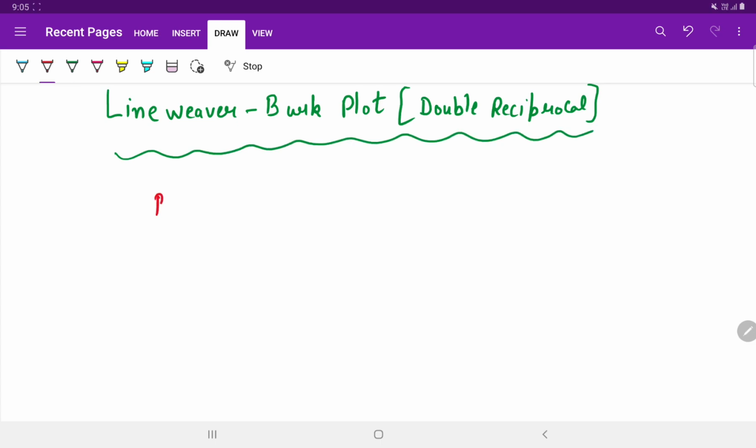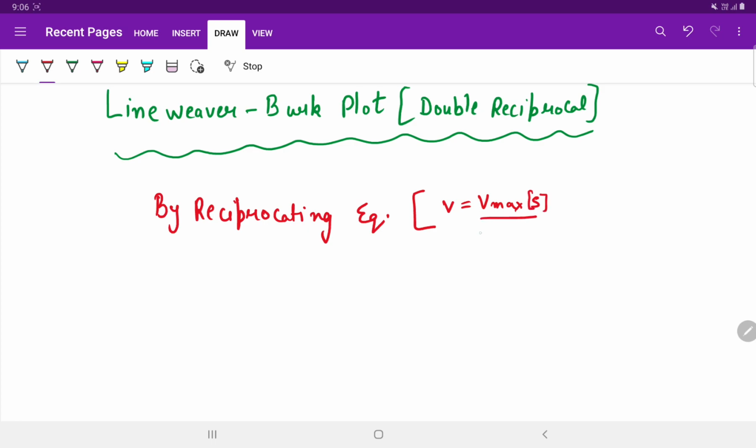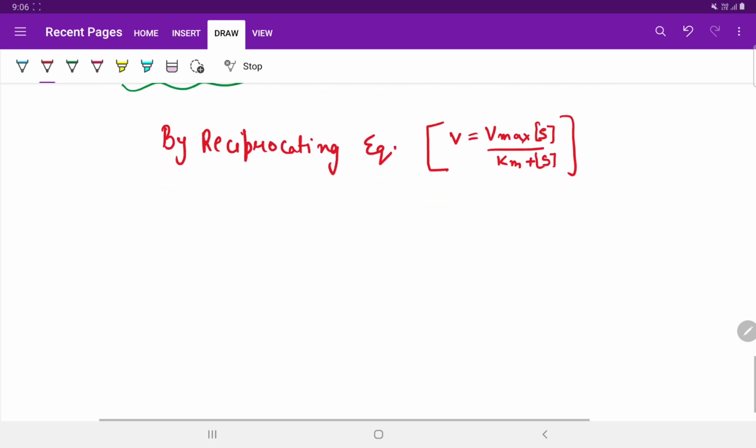So here we can say, by reciprocating equation number 1, that is V equals Vmax multiplied by substrate concentration divided by Km plus S. So by taking its reciprocals, we can easily calculate the value for Km.